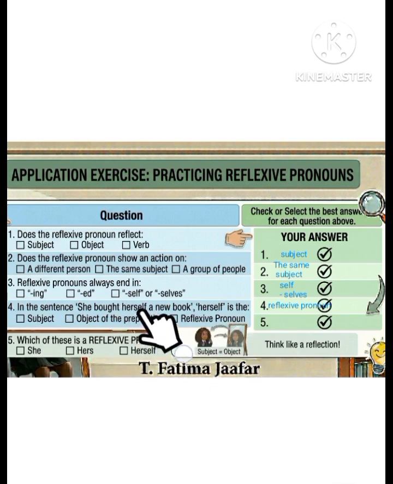Yes, herself is a reflexive pronoun. Number five, which of these is a reflexive pronoun? She, hers, or herself? Yes, it is herself. I think that's enough for you to understand the meaning of reflexive pronouns.